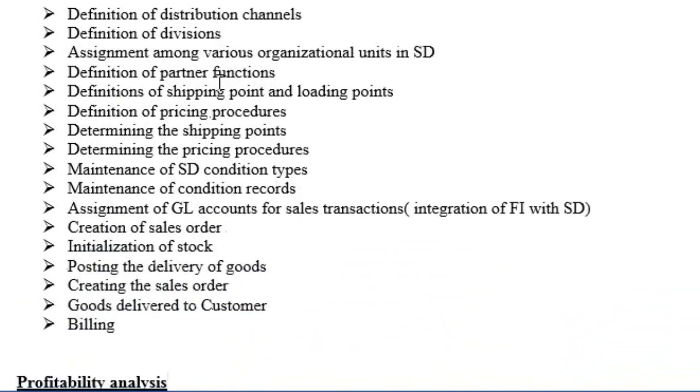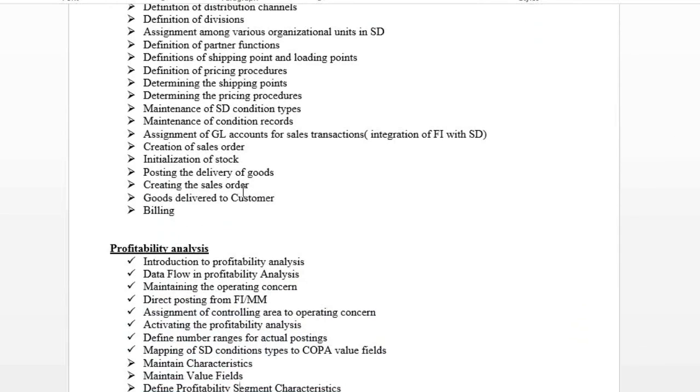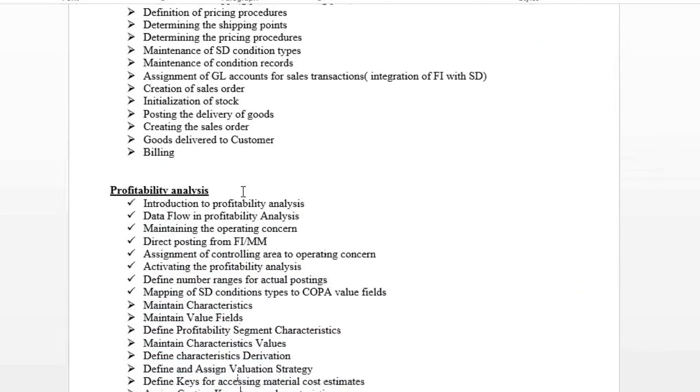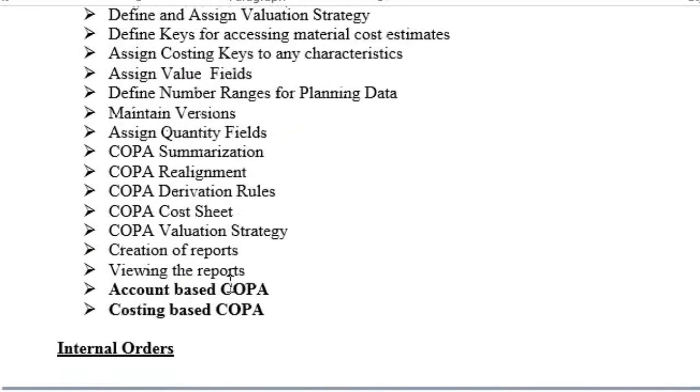The total sales order cycle we are learning here, and how the values get updated in FI also. This FI-SD integration is required for COPA, controlling profitability analysis. In COPA we are going to create all the value fields, the characteristics, how the value fields will be updated, and account-based COPA and costing-based COPA also.